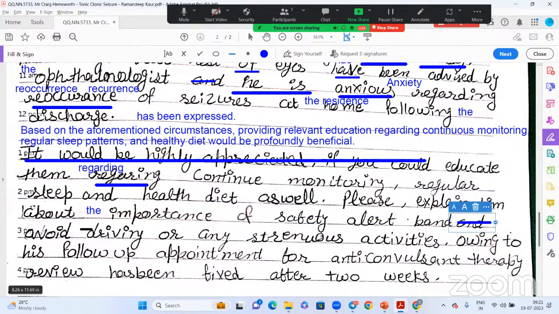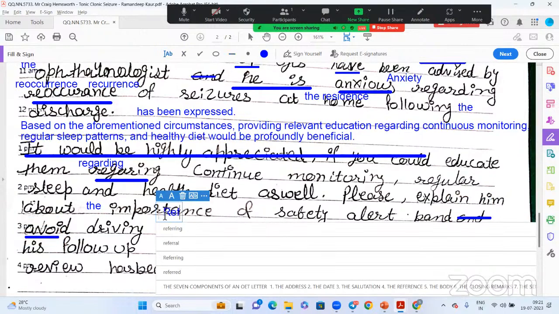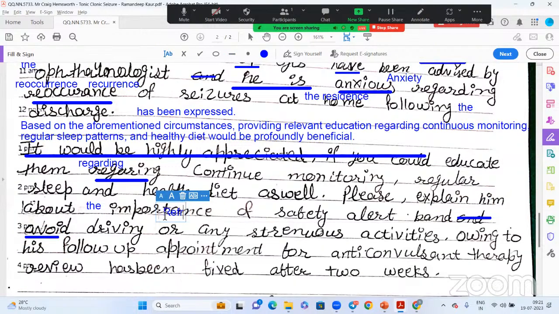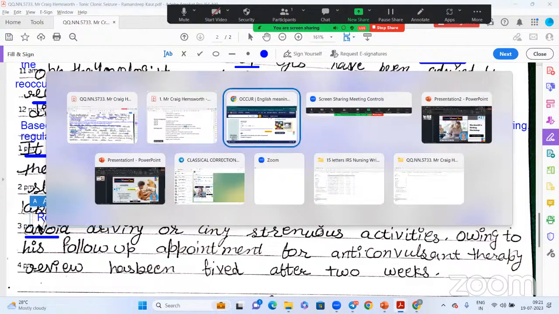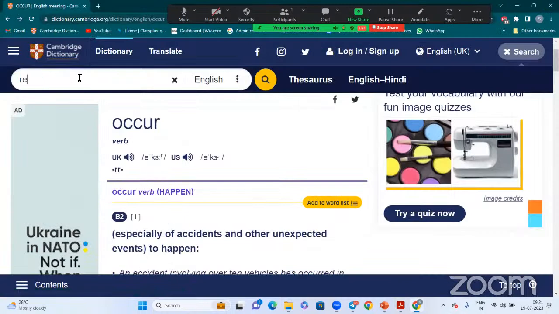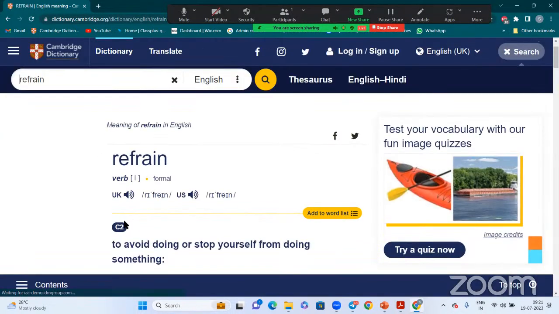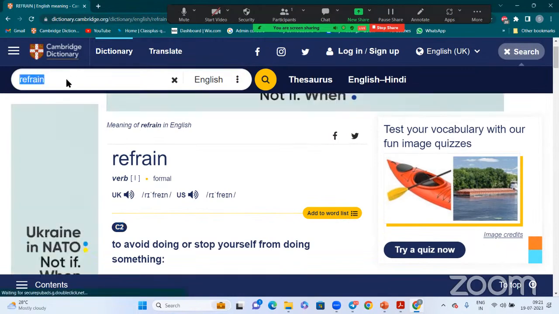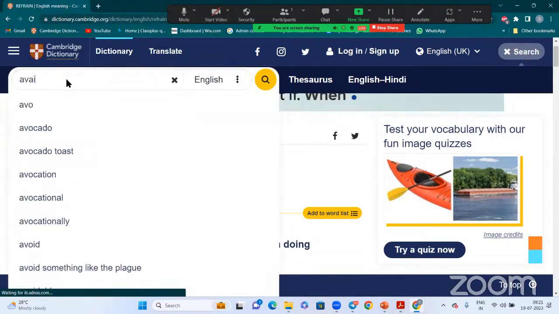Avoid driving. Refraining from driving. Avoid is okay, but a better word is refraining or avoiding. Refraining from driving. Refrain is C2 vocabulary, the best word, and avoid is a B2 word.